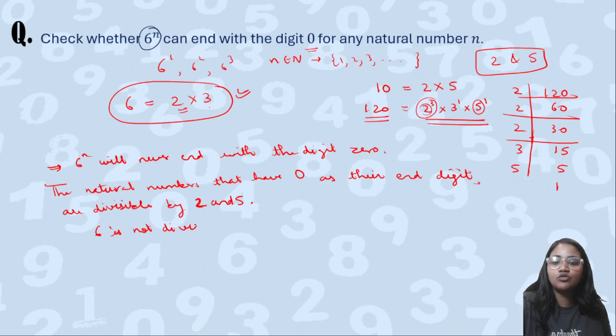And what is the use of the fundamental theorem of arithmetic here? It is that we know that this prime factorization is unique.